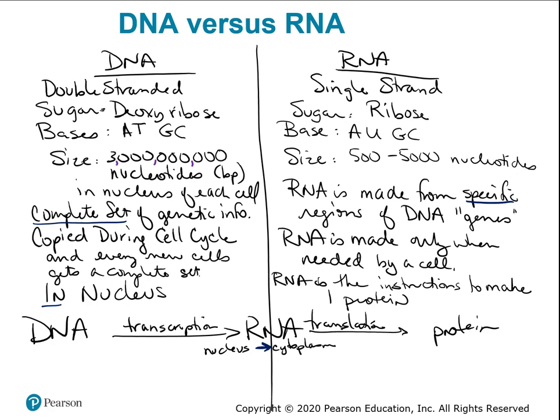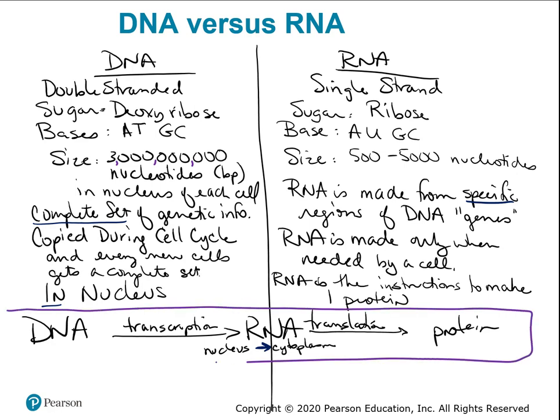So this part that they have down here describes how proteins are made in the cell. In the nucleus, you have a sequence of DNA called a gene. From that one specific gene, we can make a short version, which is called RNA.